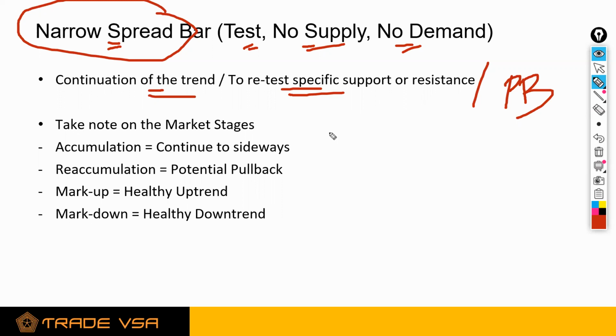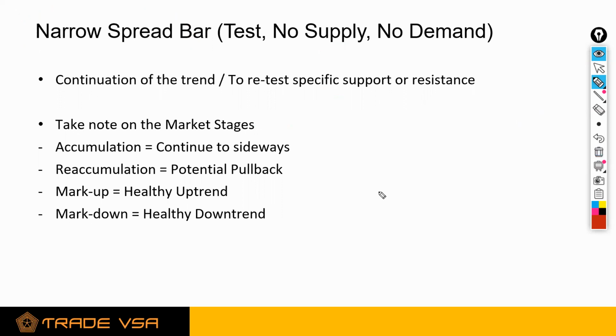Now again, take note of the market stages, which we're going to look into. Let's say accumulation will continue sideways. This is a kind of boring stock to look into, but it's very safe, especially for those looking for long term.